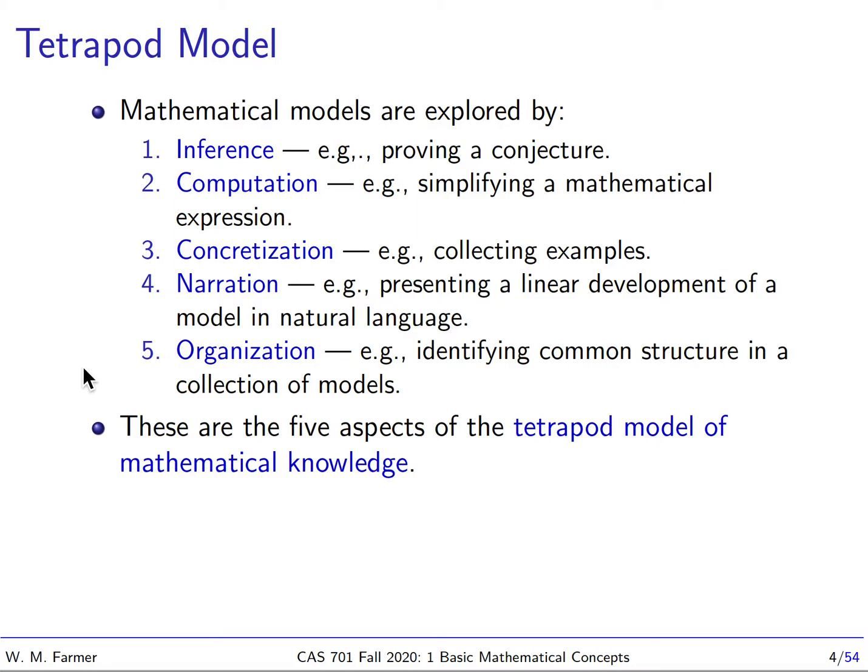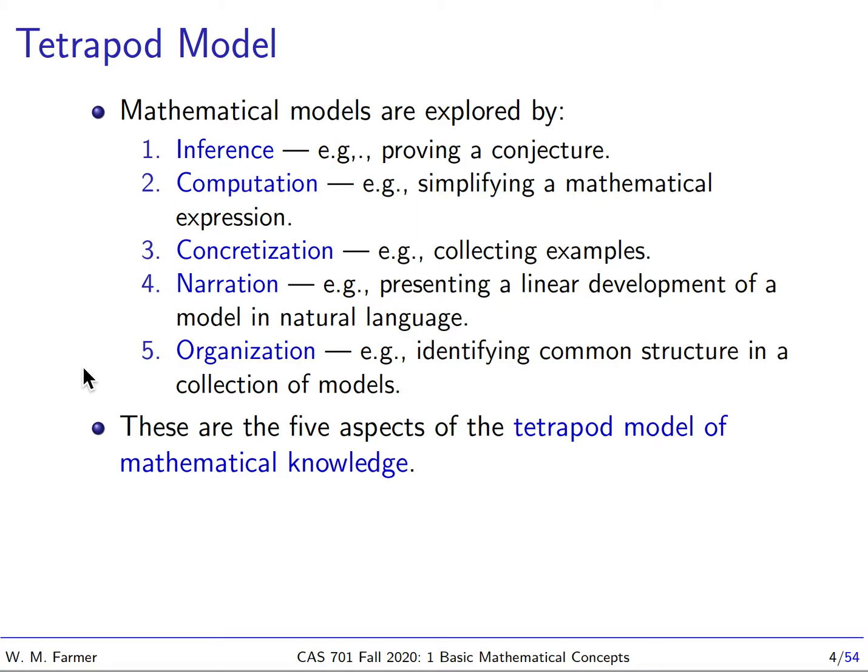Like, suppose we have these objects. We could define these concepts. We can state this conjecture, then we can prove it. You see this narration in practically every mathematics textbook. And finally, there's organization. We explore models using organization by identifying common structure, not only in the model, but in collections of models.